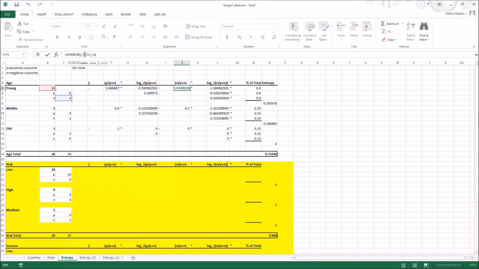Then you can see we're doing the same calculation here for negative outcomes. Again, doing the log calculation to get the exponent of 2 to produce our number.